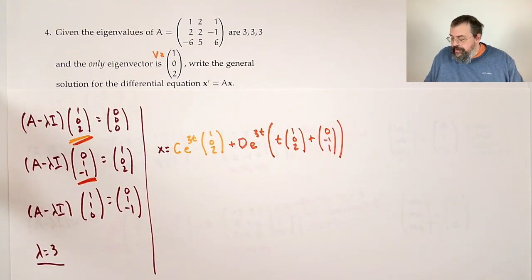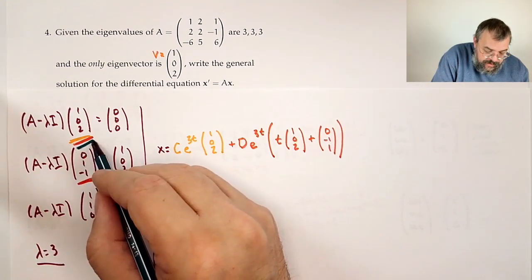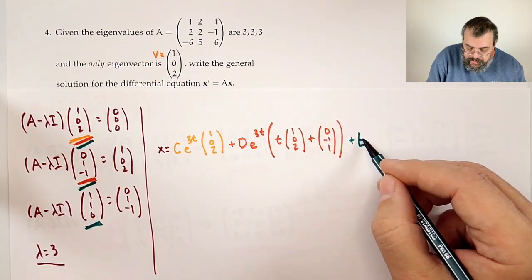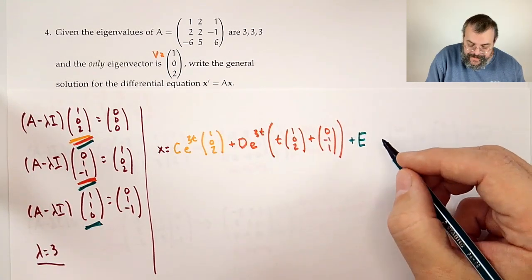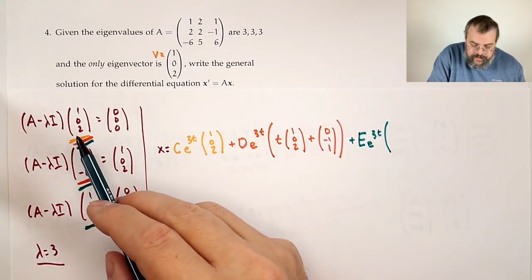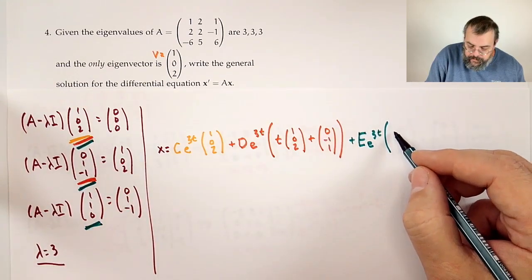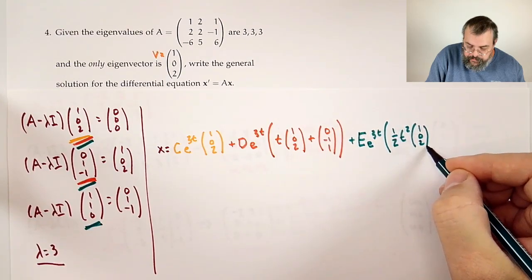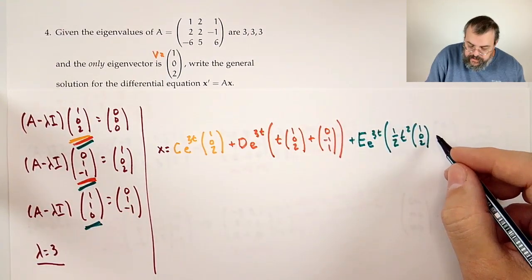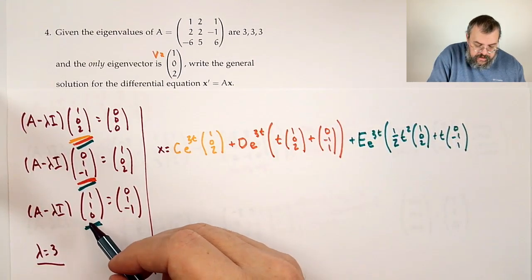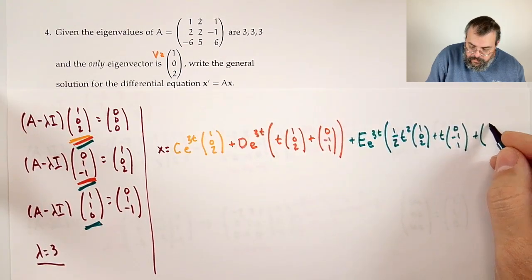And now we go to our next entry. So we're going to use all 3. So plus capital E for our constant, and then e to the 3t, and then we start at the eigenvector, 1/2 t squared, 1, 0, 2. Then go to our next vector, t, 0, minus 1, 1. And then finally, the last part, 1, 1, 0.